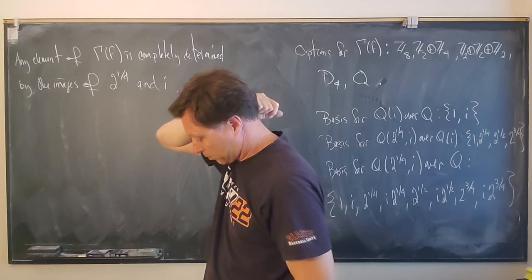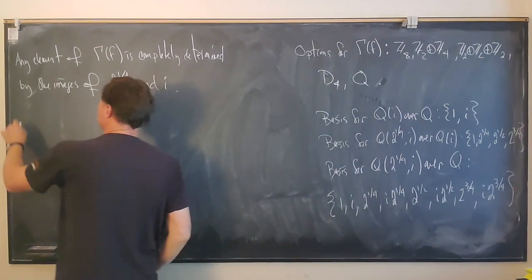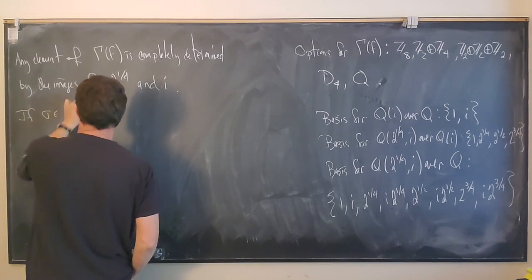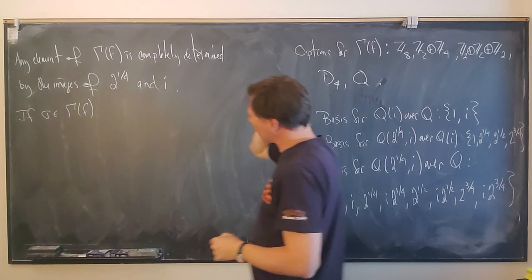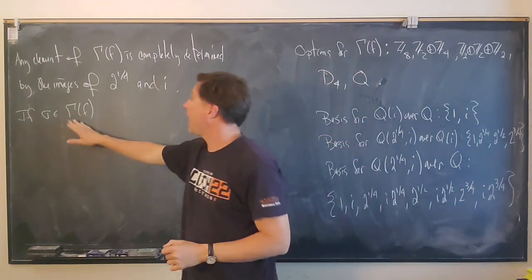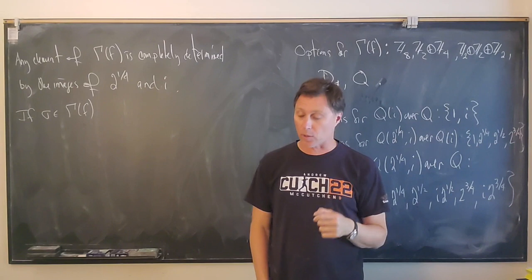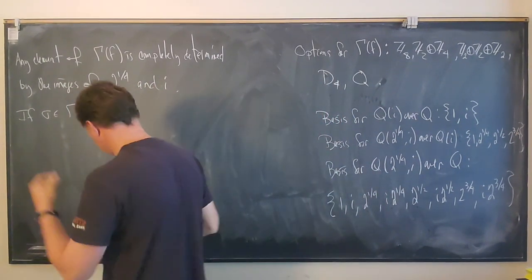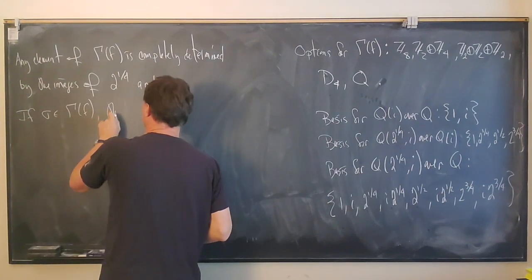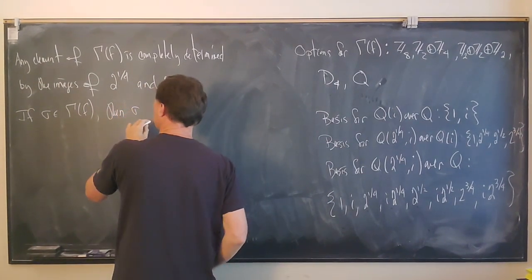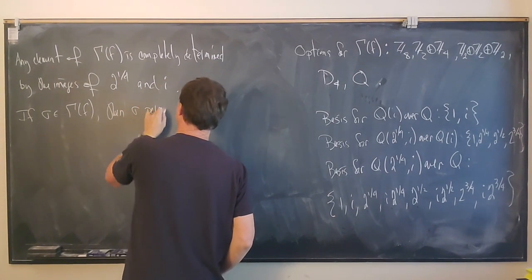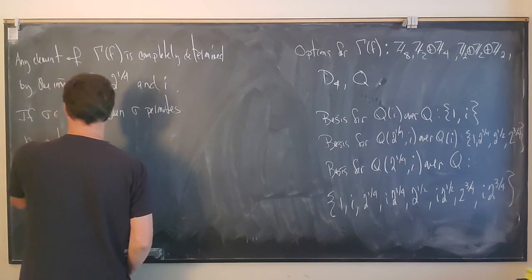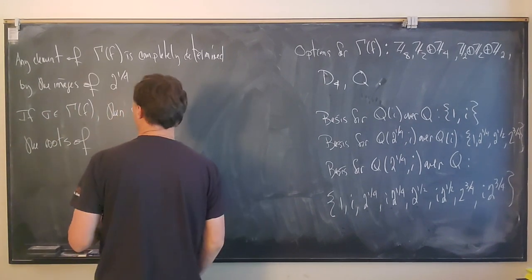Now, if sigma is in Gamma of F, then what do we know? Well, any element of Gamma of F has to permute the roots of the polynomial that we're working with, right? So sigma permutes the roots of f.